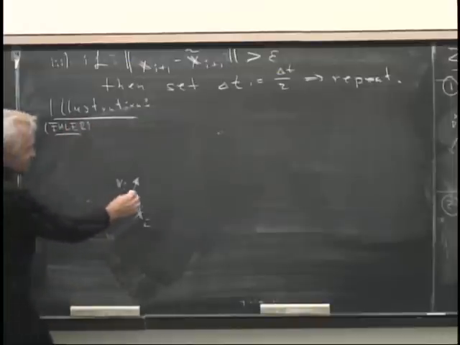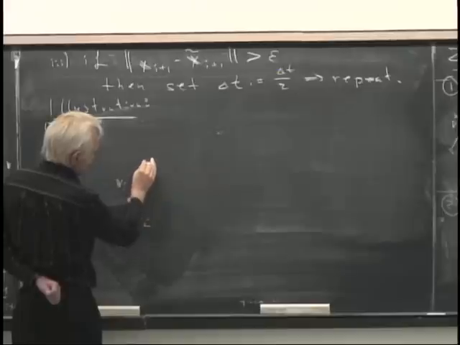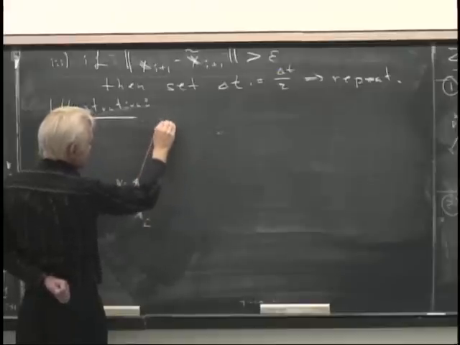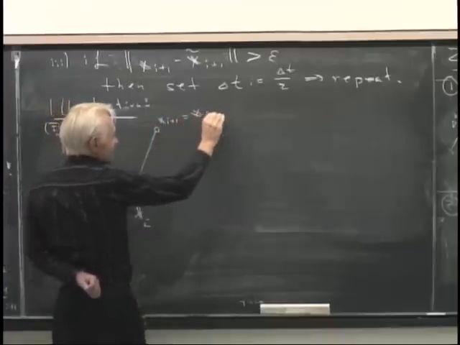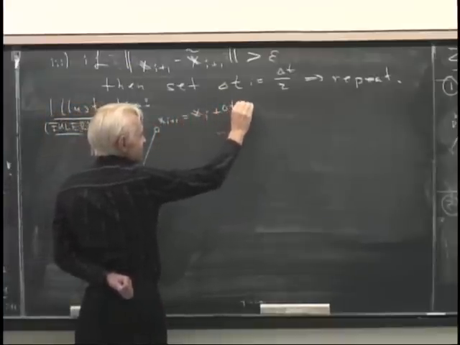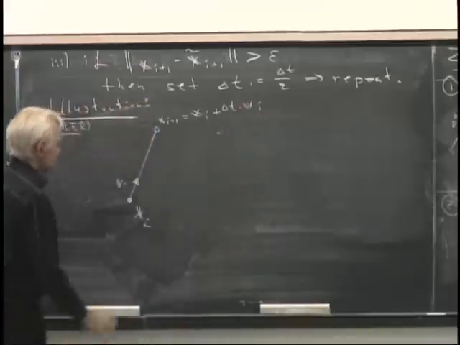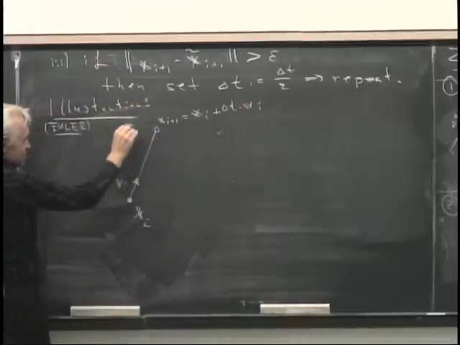So the next point is obtained along this line here. This would be my initial xi plus 1, which is just xi plus delta t times velocity vi. Okay, so this corresponds to delta t.